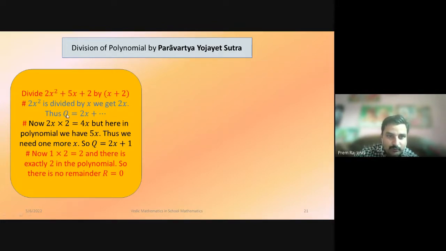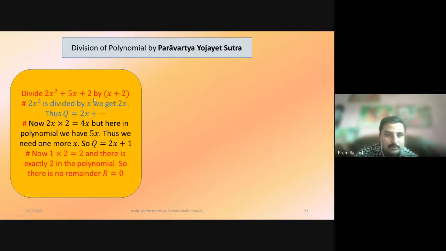So we write the quotient as 2x plus, with a dot, as other terms can come. Now we multiply the 2x with the constant term 2, by which we get 4x, but in this case we have 5x.